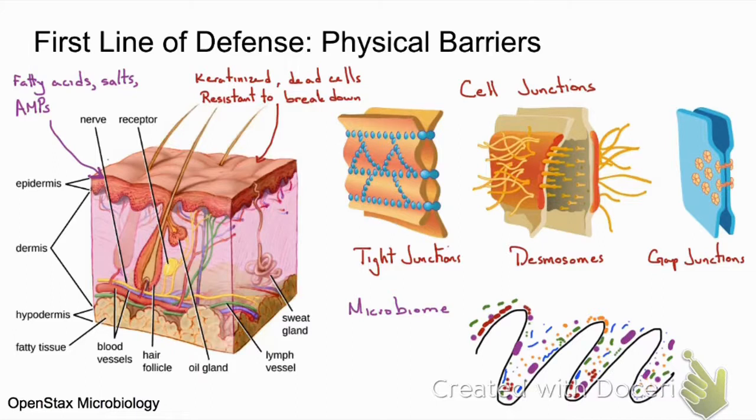And so just the physical presence of microorganisms can create competition that prevents other microorganisms from colonizing these locations. It's also important to note that these microorganisms that are resident to us are also going to be producing short-chain fatty acids and other products that may inhibit the growth of other microorganisms.